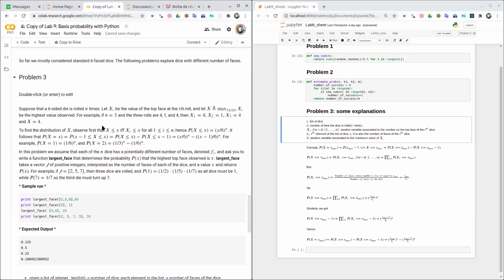To find the distribution, we should compute the probability that x is equal to small x. And this is true means that for every value, xe is also less than or equal to little x.